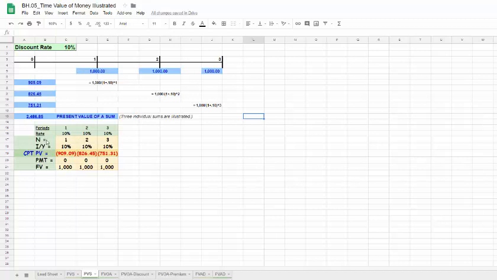Push 1 and the N key, and now push compute PV, and you should see a negative 909.09, which the negative amount means you would pay that amount to receive $1,000 in the future. Now try the other 2 years on your own, and if you have any questions, please let us know.